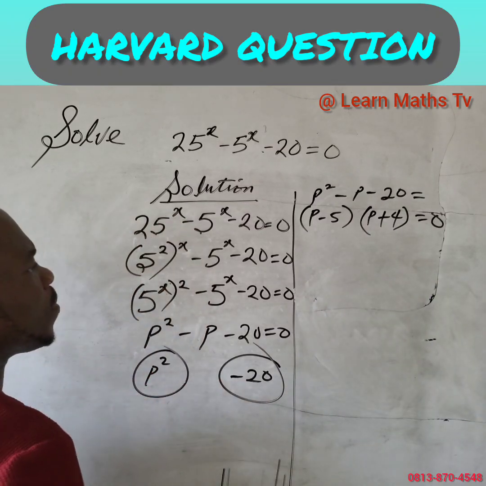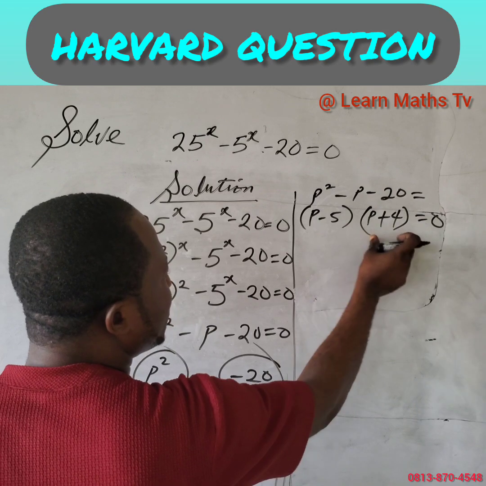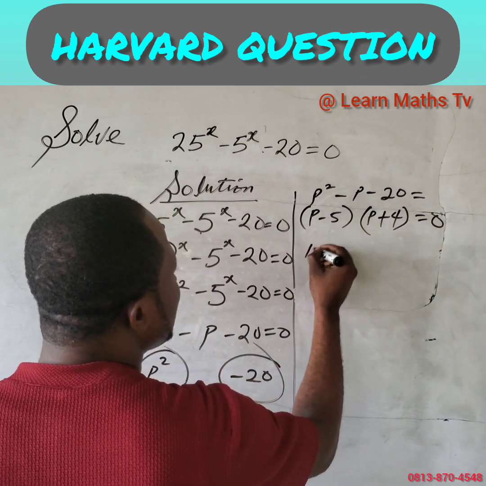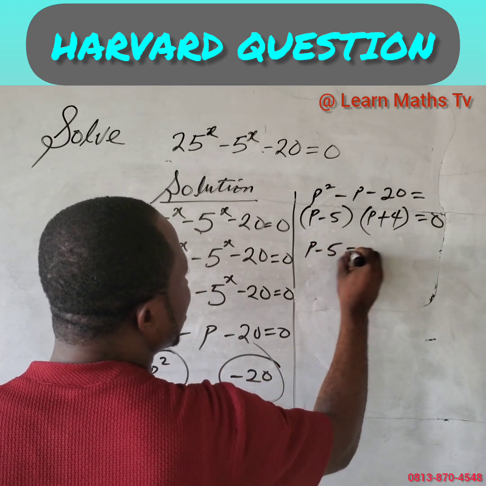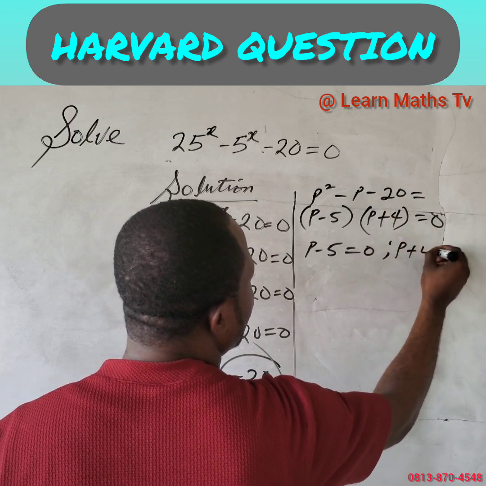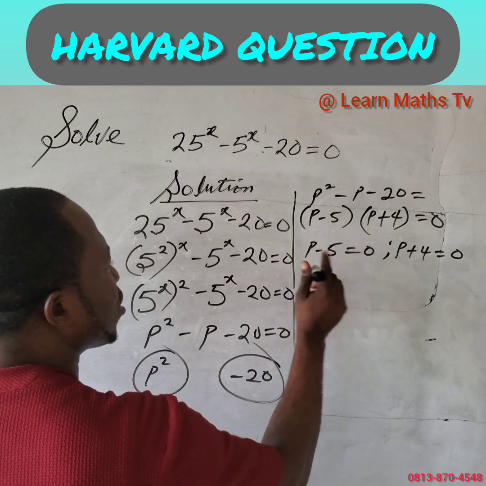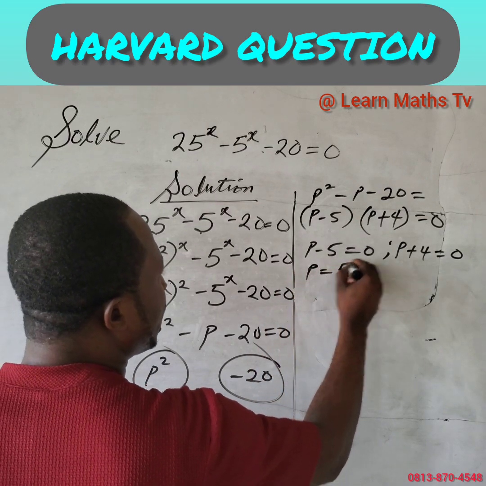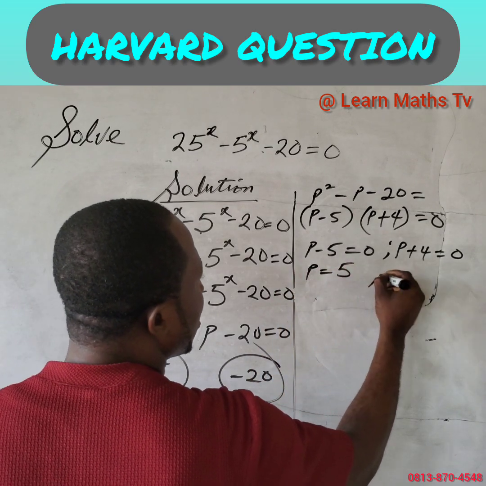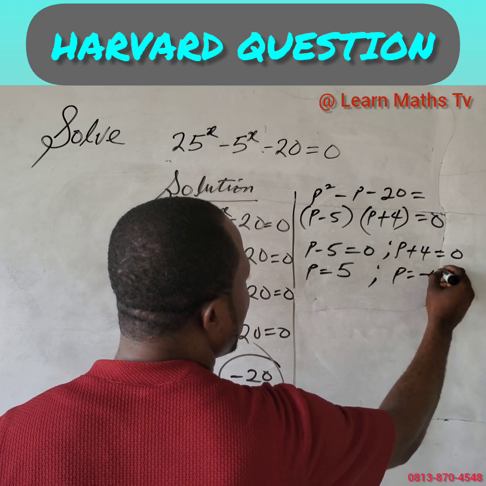If p minus 5 and p plus 4, in our respective factors, is equal to 0, it means that p minus 5 is equal to 0 for this, and p plus 4 is equal to 0. So if 5 crosses the equal sign, our p will be equal to plus 5, and if plus 4 crosses over here, our p will be equal to minus 4.